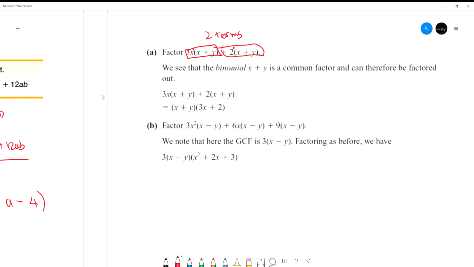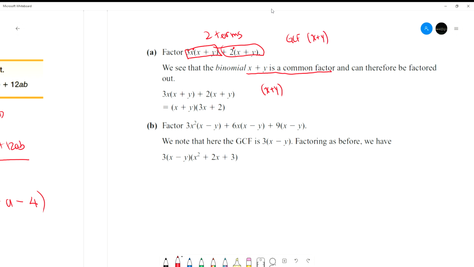But you'll notice that in each of the terms, the x plus y is a common factor in both, right? So what we do is we factor out the common factor x plus y. So we take out x plus y, right? And what is left over? So the GCF here, let me write this down. GCF is x plus y in parentheses.